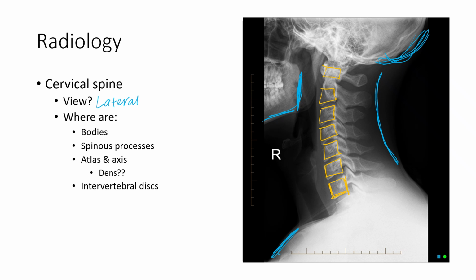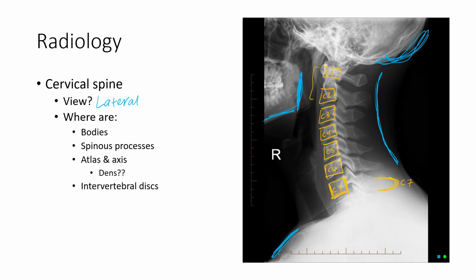Even if you couldn't pick out all the bodies of the vertebrae, which through here is a little tricky because you have a bunch of stuff overlapping, it's going to be a very, very long pointy one, so that's C7. So this is the body of C7, C6, C5, C4, C3, C2, and C1 is up there.